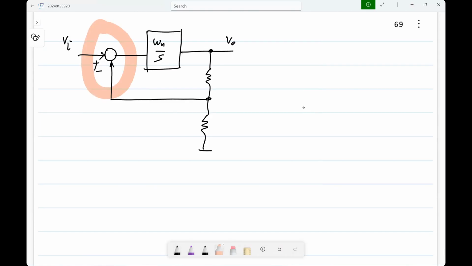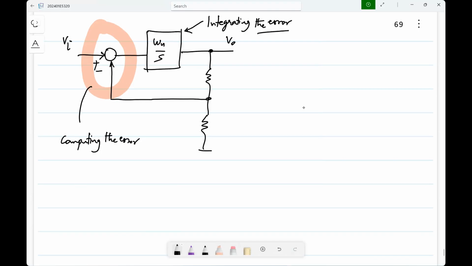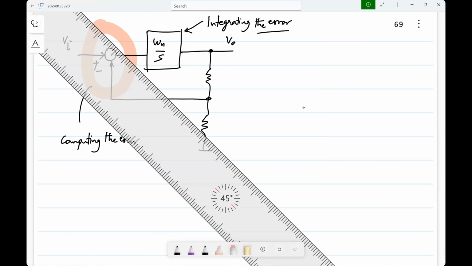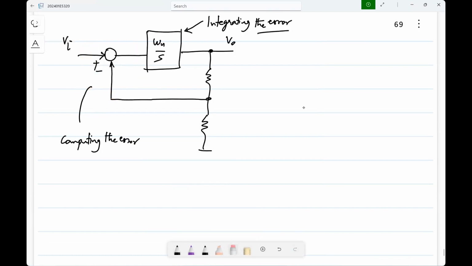You need some way of computing the error, and integrating the error. So the combination of these two is available as a standard block. This is the op amp.